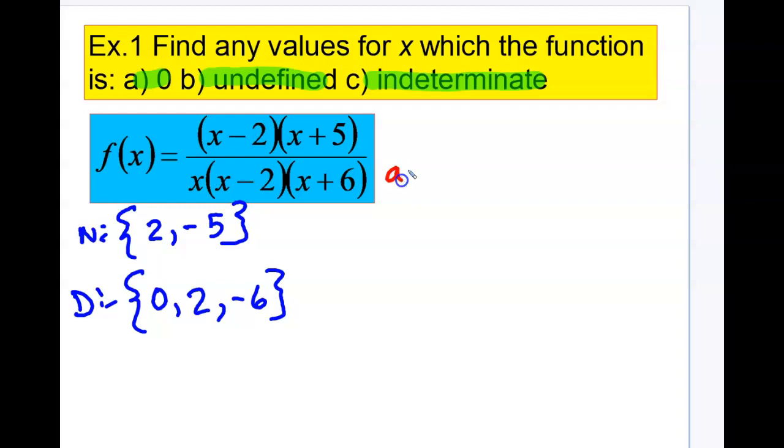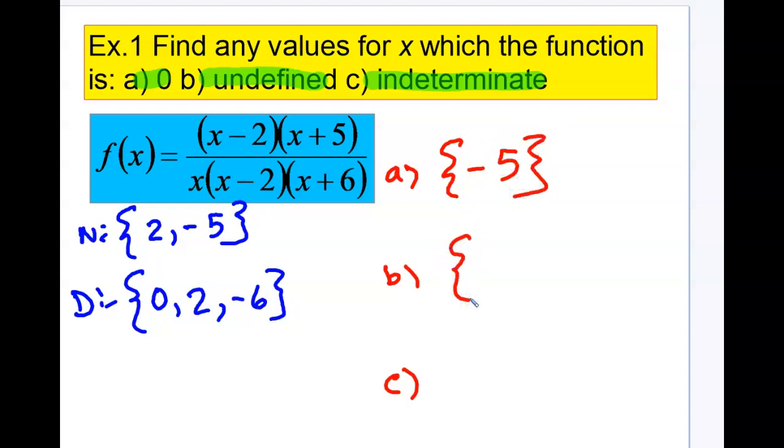Now, let's answer the 3 questions they're asking us. They want us to find out what value of x makes the function 0. Well, remember, if it makes the function 0, it's an x-intercept, so it makes the top 0 but not the bottom. So what's the only x value that shows up in the numerator but not the denominator that makes it 0? Well, that value would be -5.